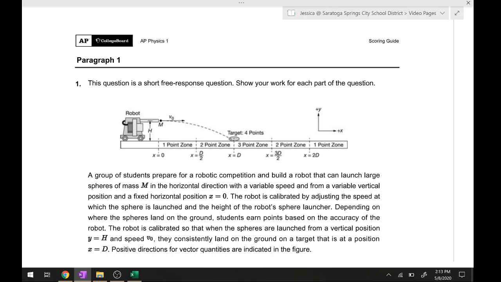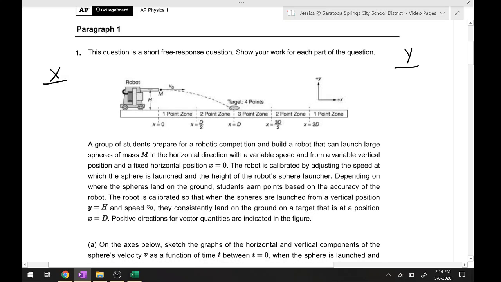The robot's calibrated so that when the spheres are launched from a vertical position of y equals h and a speed v0, they consistently land on the ground target that's at a position d. So the positive direction for vector quantities are indicated. So before I get into this, it really looks like a projectile motion type problem where I have some type of motion occurring in the x direction and some type of motion occurring in the y direction.